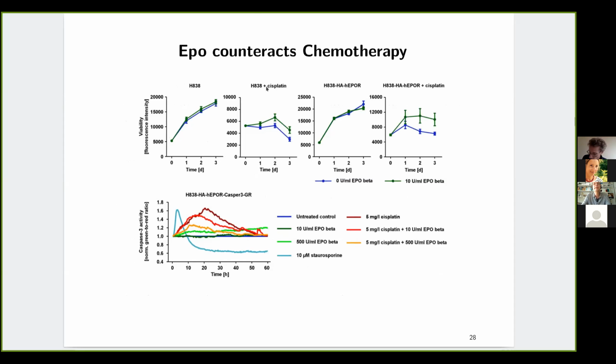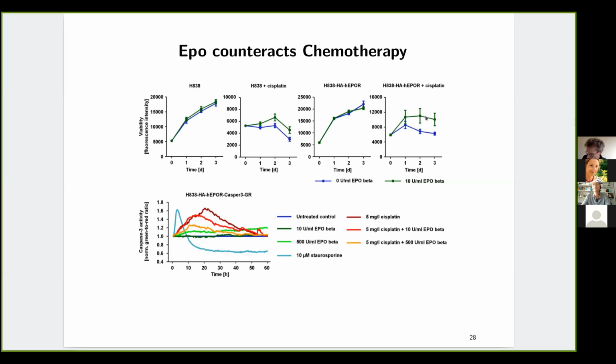Then if we apply cisplatin, which is the chemotherapeutic, you see without EPO the cells are dying, and EPO can rescue this effect. If we now take a certain variant of this cell with overexpressed human EPO receptor, you see in the situation without treatment, they behave the same. And here EPO leads to an increase of these cells.